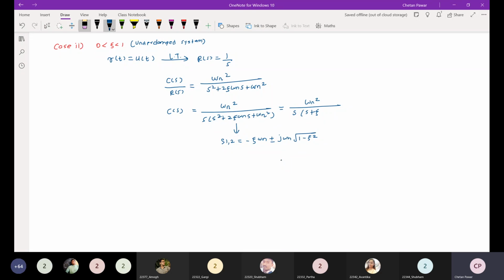So instead of taking the poles, because complex roots are there, we will directly solve this particular equation by partial fraction.